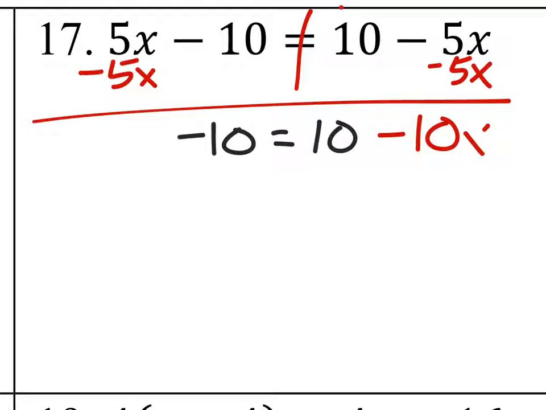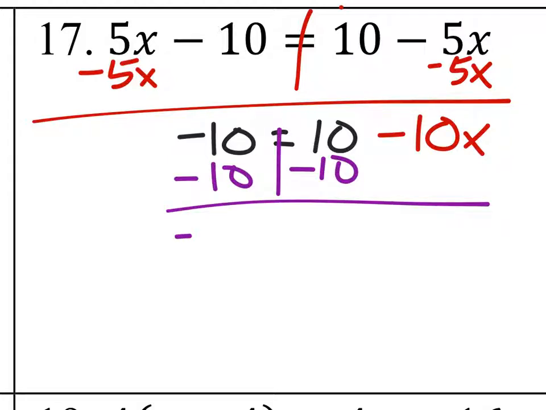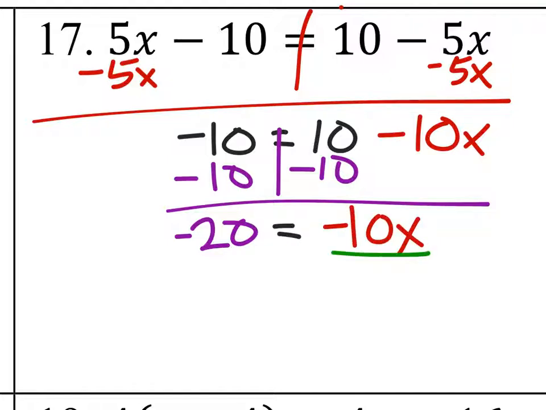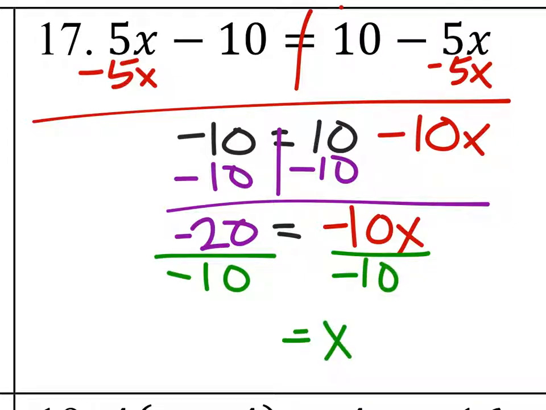And I don't want this 10 there, so I'm going to subtract 10 from both sides as well, leaving us with negative 20 equals negative 10x. So finally, we'll divide both sides by negative 10, and we get x equals 2.